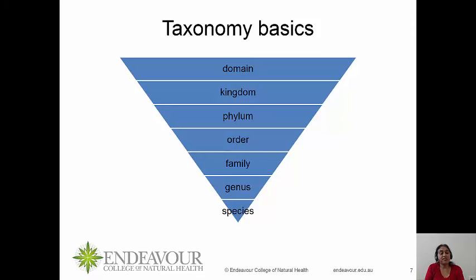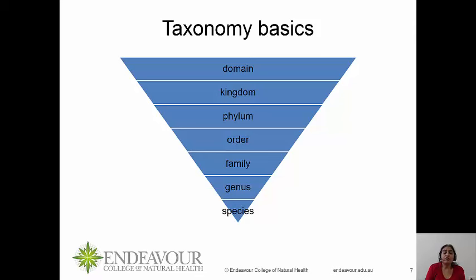Orders are further divided into families, families are divided into genera, and genus is again divided into species. So the species is the most specific and a domain or kingdom is the broadest.